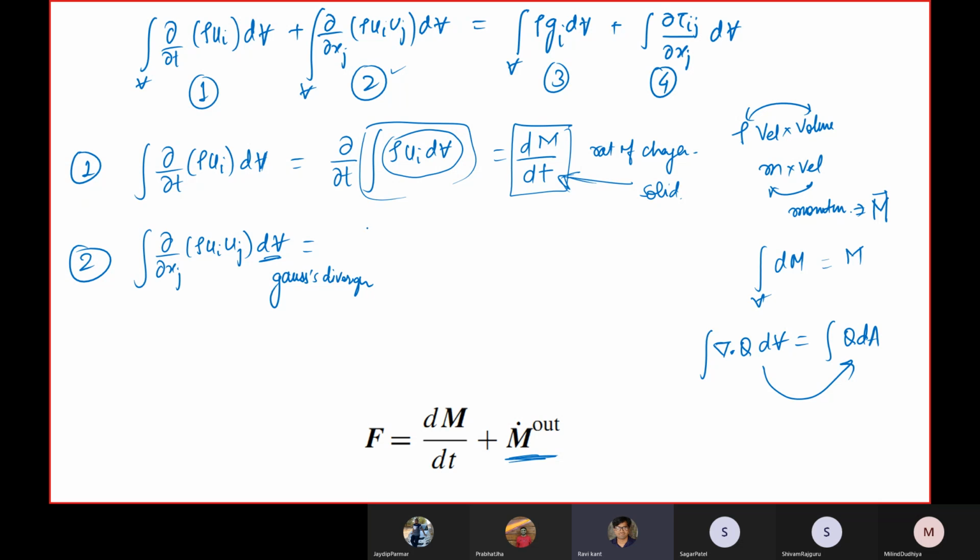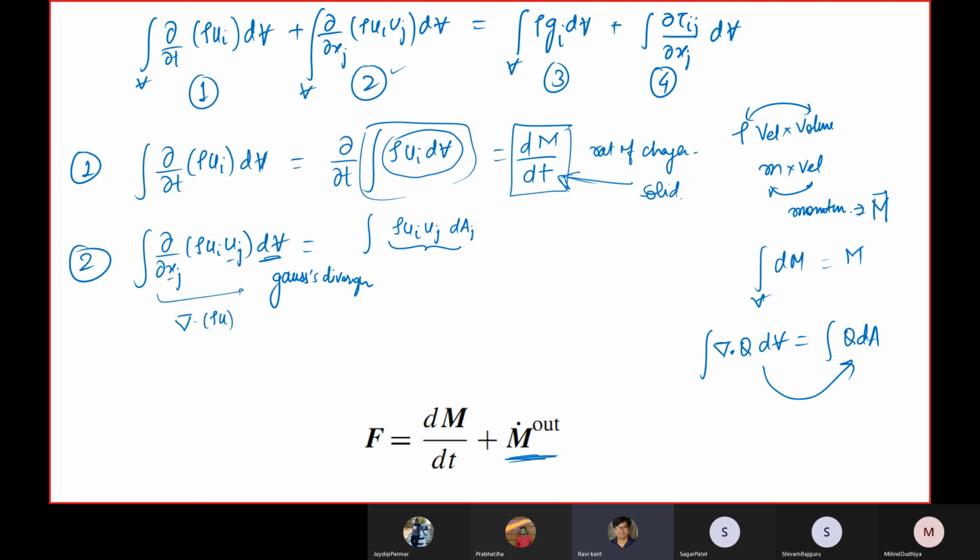So I can write, there was a summation, and basically this is my del dot rho u, isn't it? So I can actually write rho ui uj dAj.